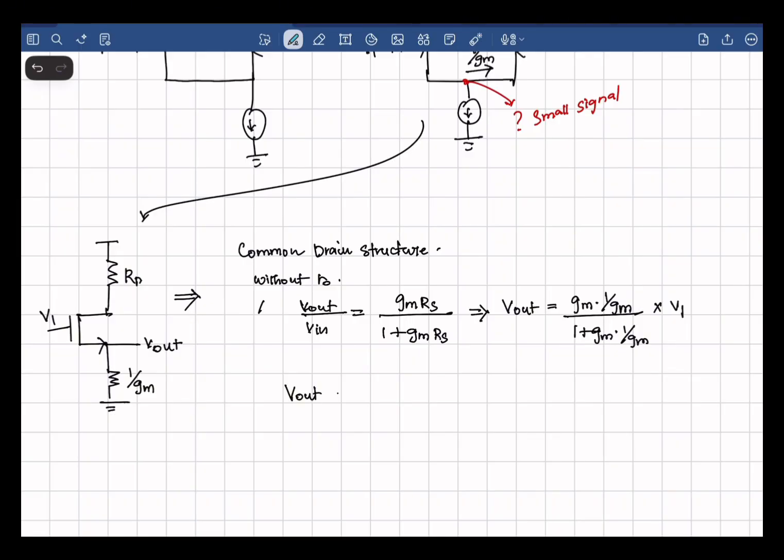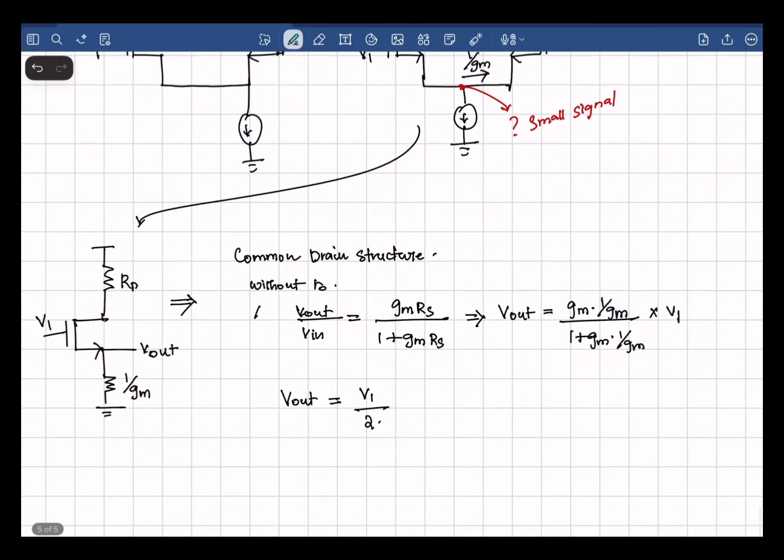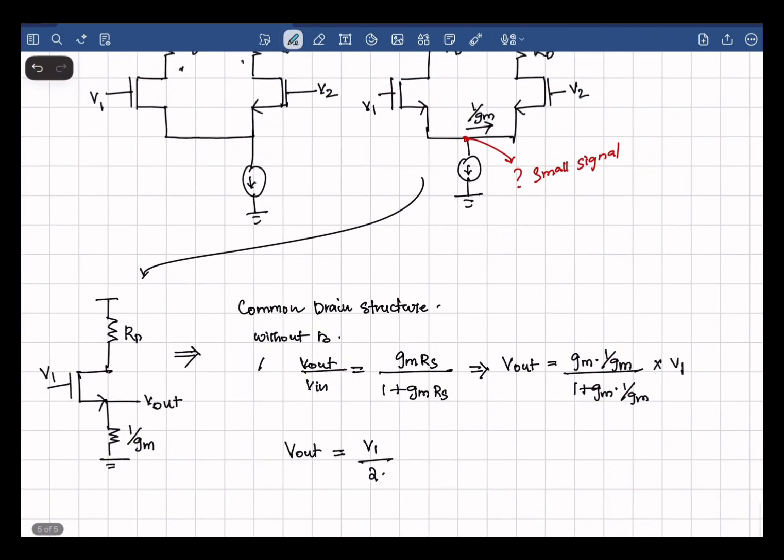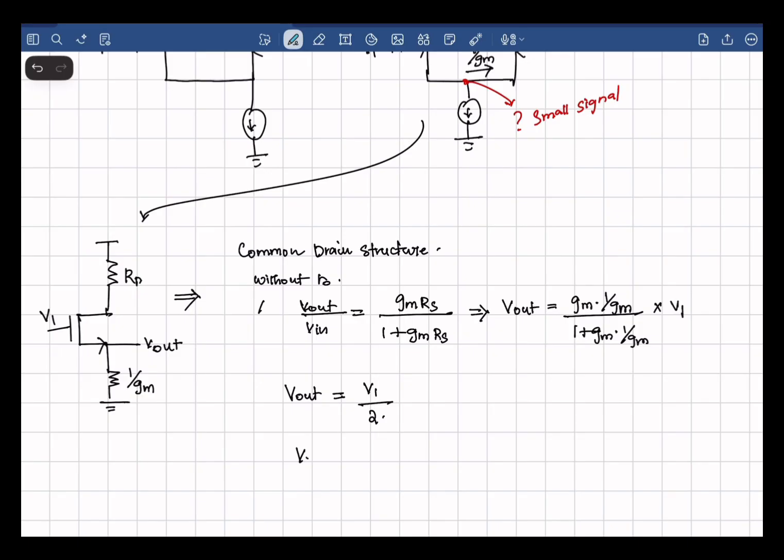V out is equal to V1 divided by 2. Since this is a symmetrical circuit, we can say that Vx is equal to V1 divided by 2 plus V2 divided by 2, and this is called the common source voltage.